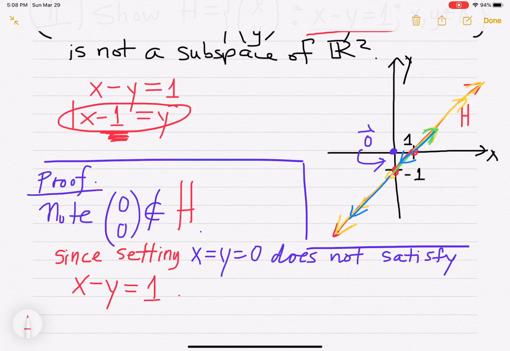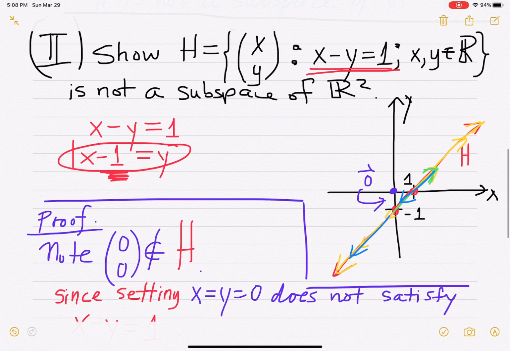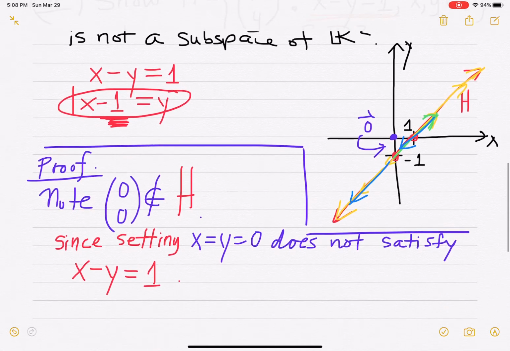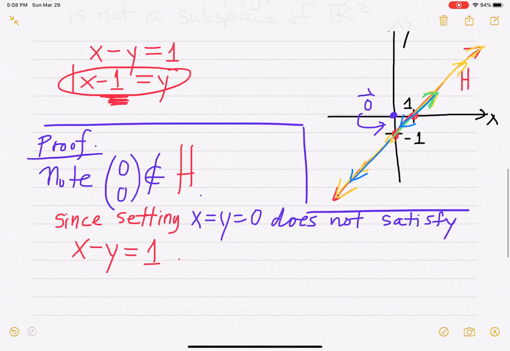So that was the equation, if you remember, that had to be satisfied for H, right? H had that equation x minus y equals 1. Notice that if I plug 0 in for x and 0 in for y, the equation's not satisfied, right? You get 0 on the left and 1 on the right. So that's the problem there.